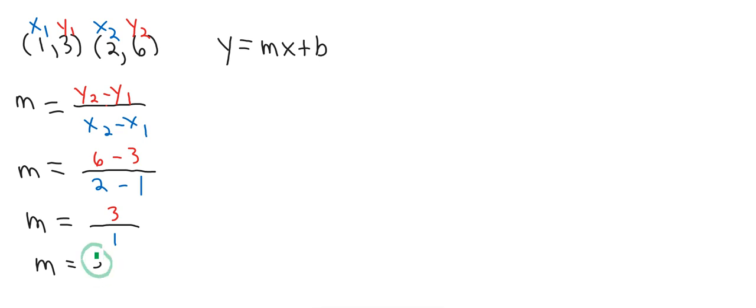Okay, so we're going to use that in our slope-intercept form up above here. So m is 3, so we're going to plug in 3 for m, and then we can choose one of the 2 points. I'm just going to choose x1, y1. So we're going to plug in 3 for y and 1 for x.